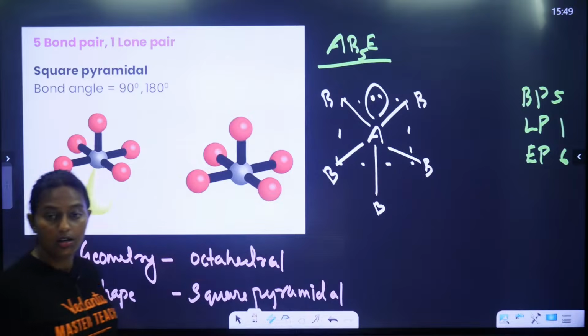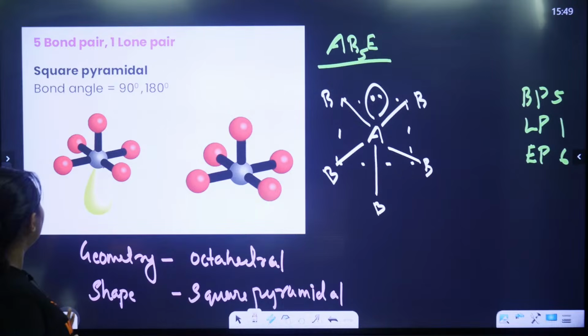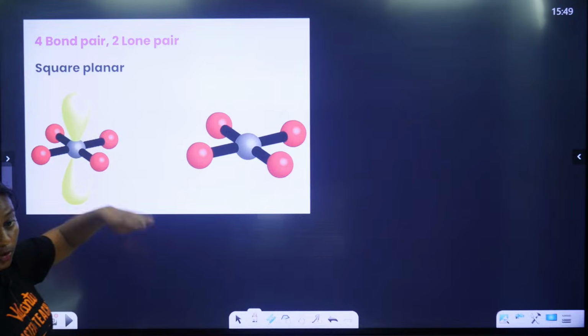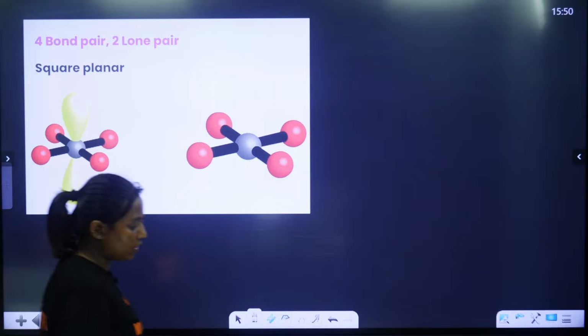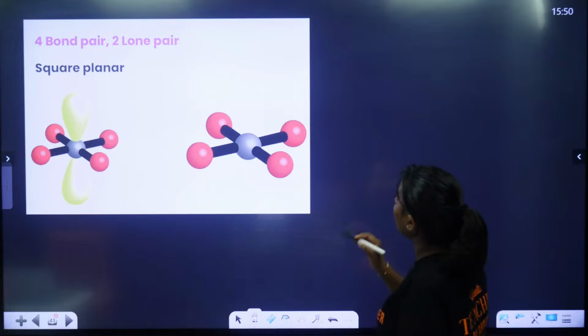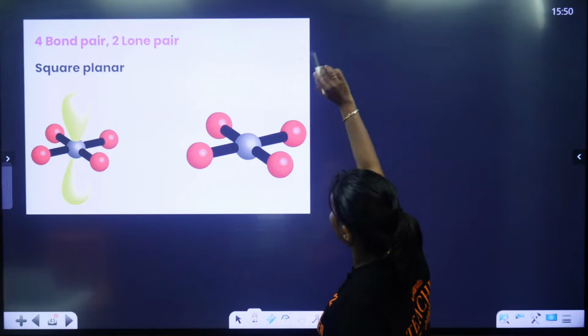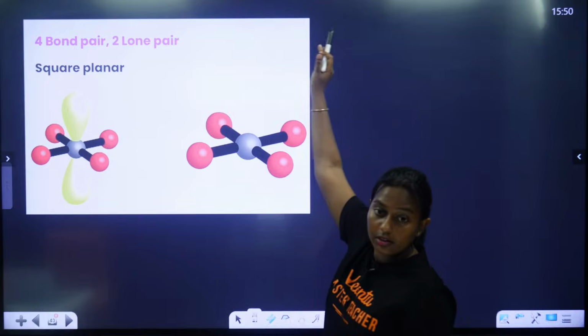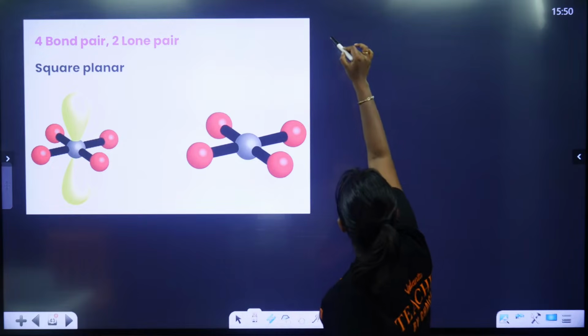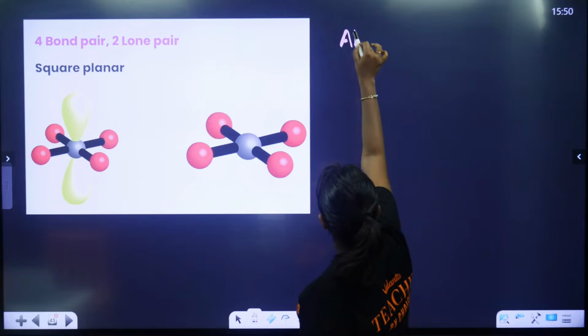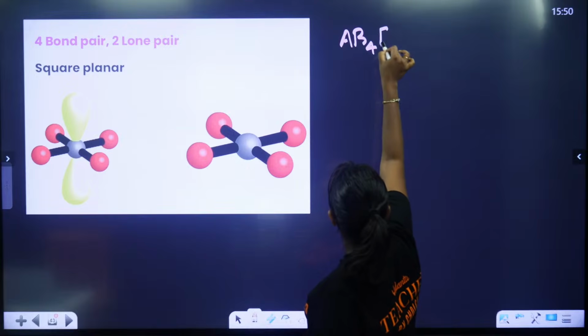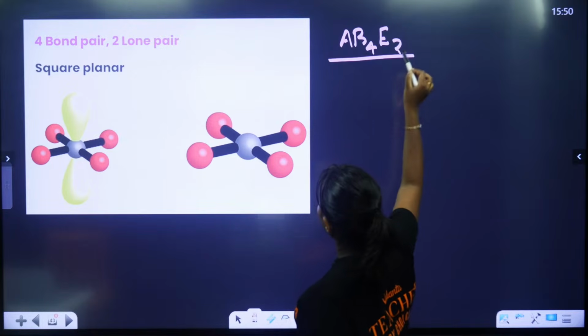Then we are moving to 4 bond pair with 2 lone pair. So here I am writing AB4E2 type.